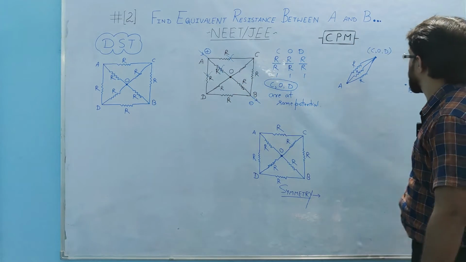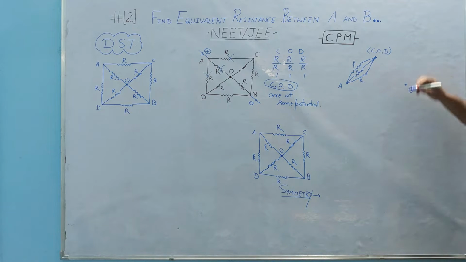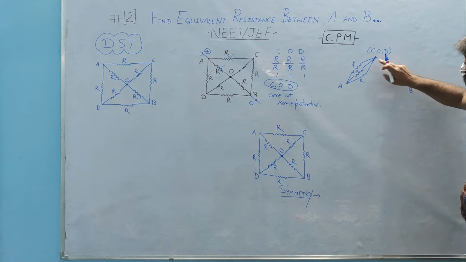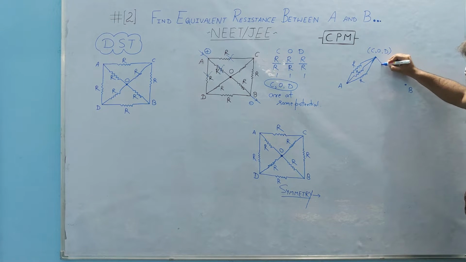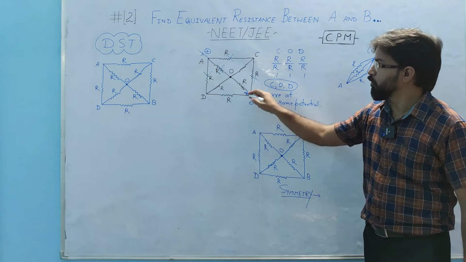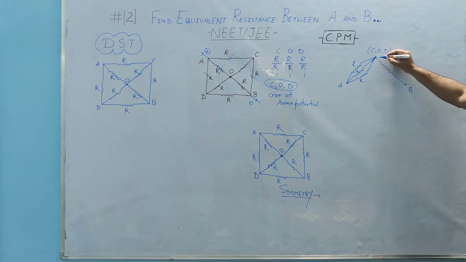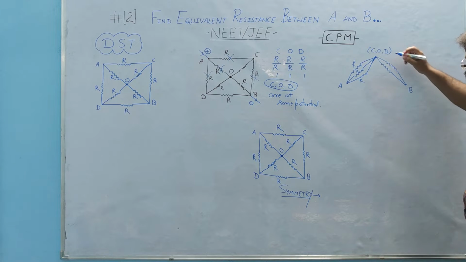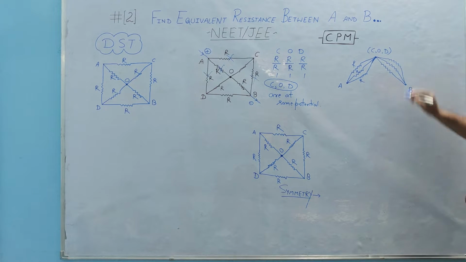So this is point C, this is B, then B to C, B to O and B to D.